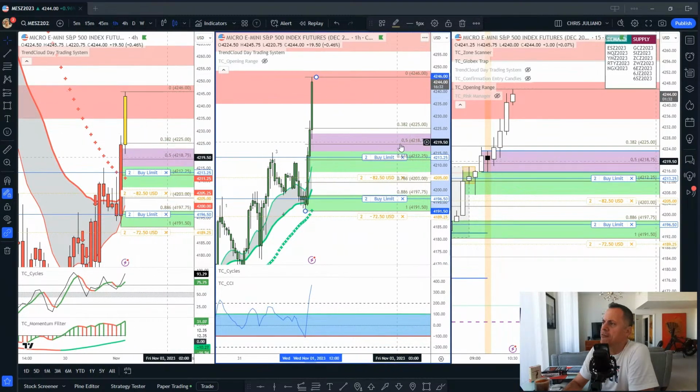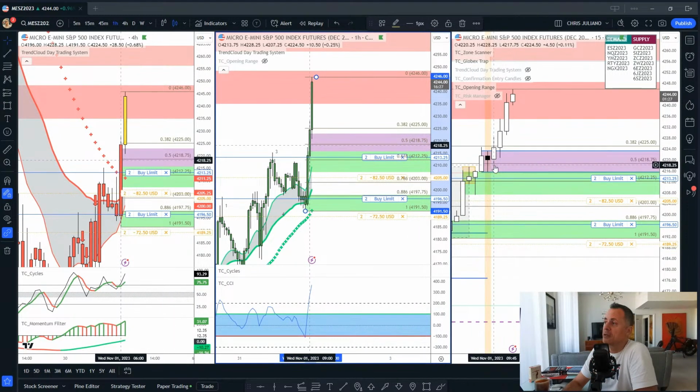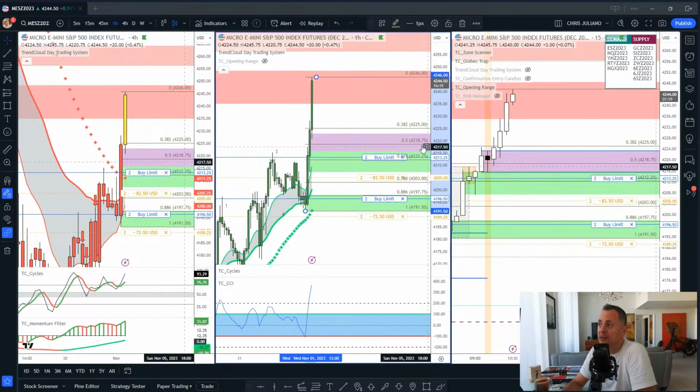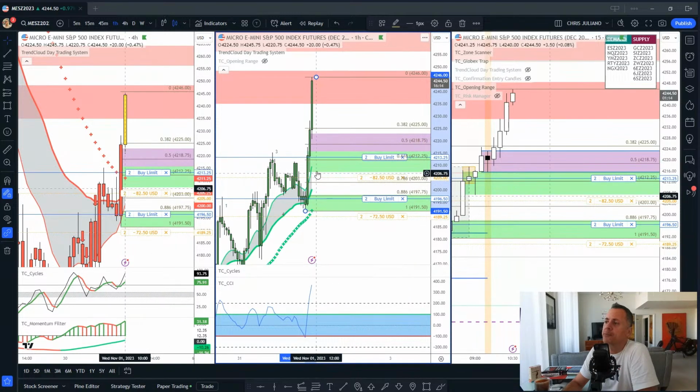Now the 50% Fibonacci retracement level is right in the middle of our demand zone of the rally-based rally inside the opening range. That's a level of support, but it's not a trend. We don't have a TrendCloud component because this moved so rapidly. TrendCloud is down here. So we only have one little level of support inside of this opening range breakout zone.